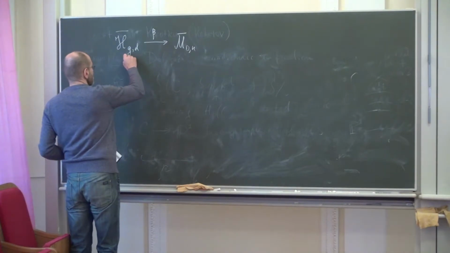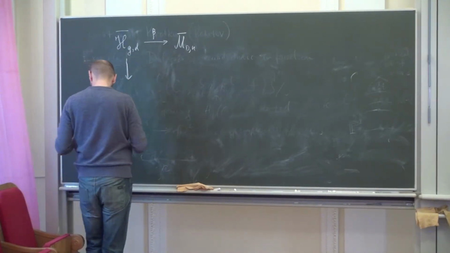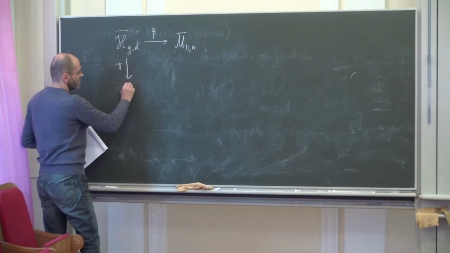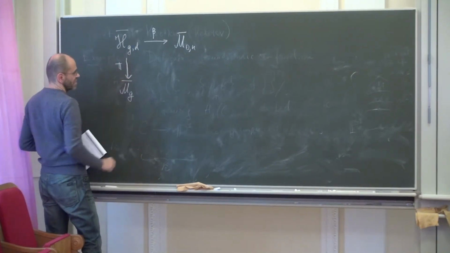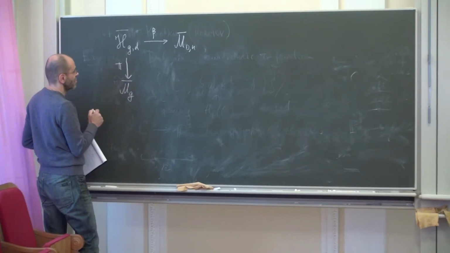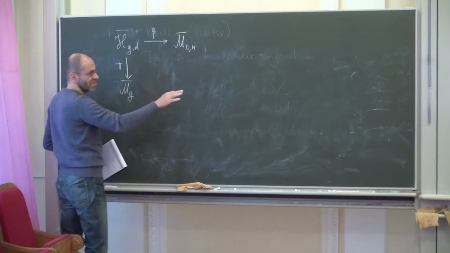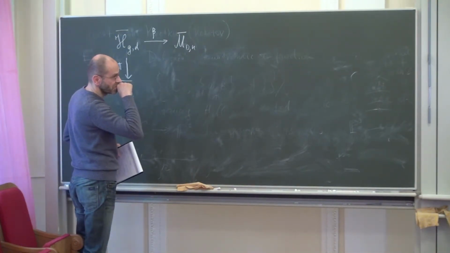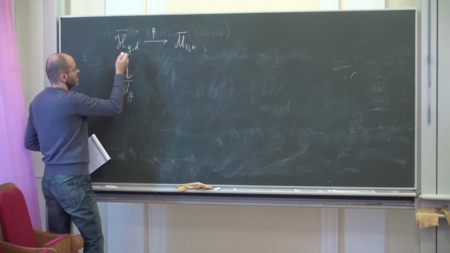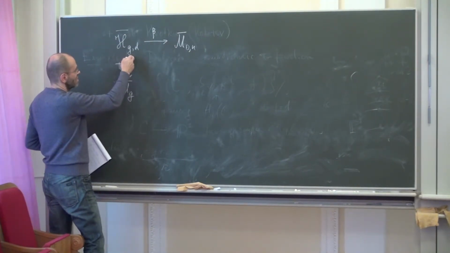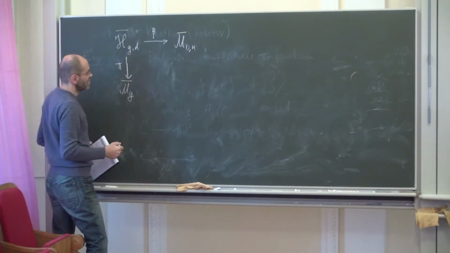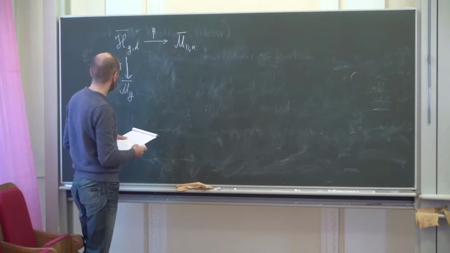And there is also a forgetful map, pi, to the modular space of curves, to the Deligne-Mumford compactification of the modular space of curves. We just forget about the meromorphic function and keep track only of the curve itself. So this space comes with two natural projections.